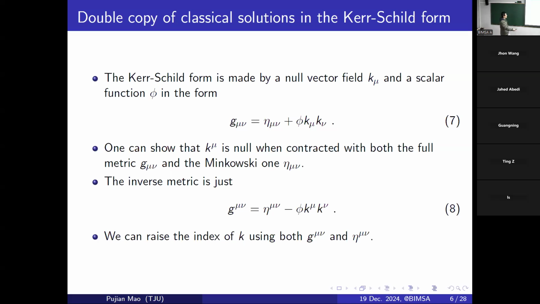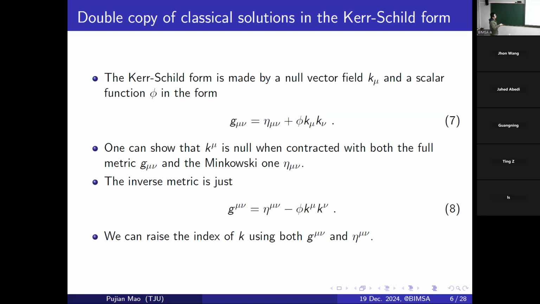And the next step is, can we say something from the equation of motion, the classical equation of motion? Once you do this Kerr-Schild decomposition, there are also some nice properties. Once this vector k is null, you can prove that it is a null vector with respect to the full metric g mu nu.